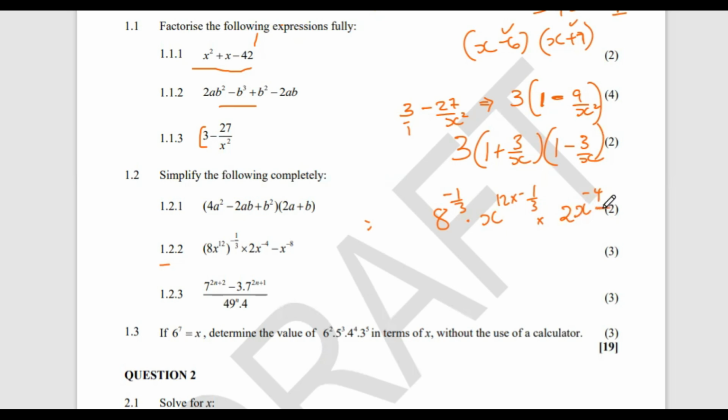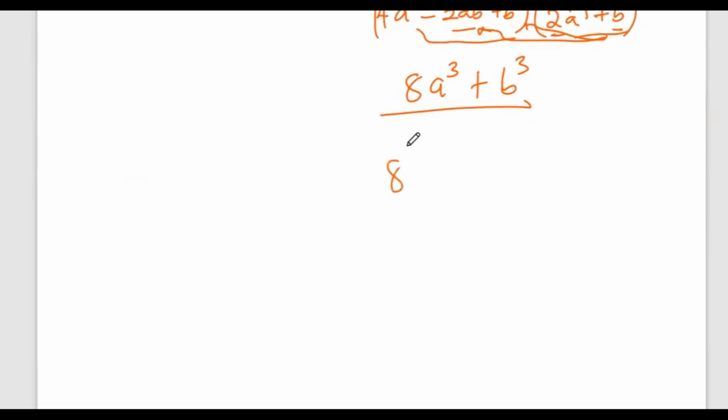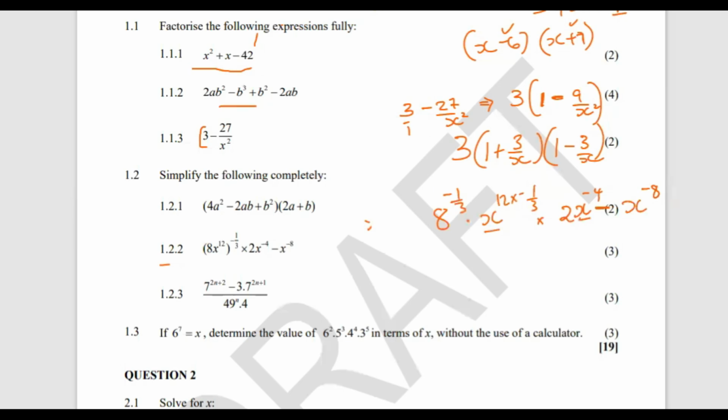Yes, we are subtracting x to the negative 8. Okay, we need to do the magic here. Multiplying with the same base, we have to add up the exponents here. Now we know that for as long as the exponent is negative, it can become a denominator.